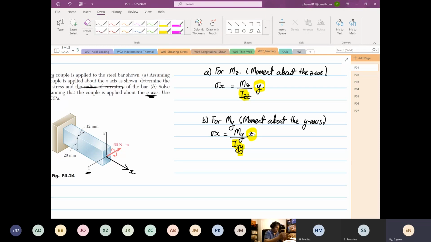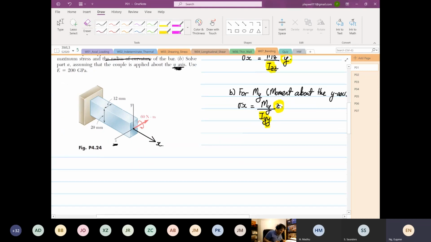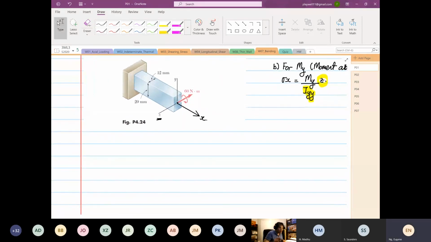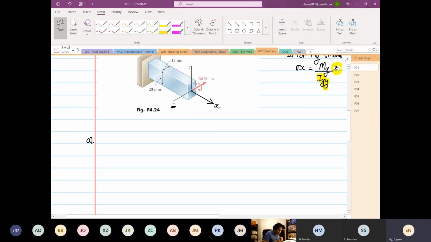Okay, so okay, let's start from here. So we're going to calculate. So far, anyone any questions so far? We're okay. Okay, so we're going to calculate the stress. Okay, we're going to calculate part A. Right, part A. So part A is the moment is about the z-axis. So now looking at the transformation, okay, looking at the transformation, we're going to review the structure this way.